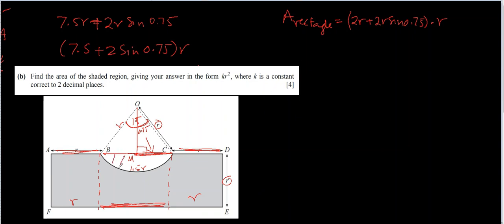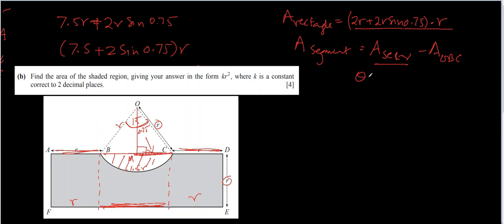Now we need to find the area of the segment. So area of the segment will be area of the sector, this sector I'm talking about, okay, minus the area of the triangle OBC. So area of sector is theta r square over 2, and area of a triangle is half ab sine C. So let's substitute the numbers.